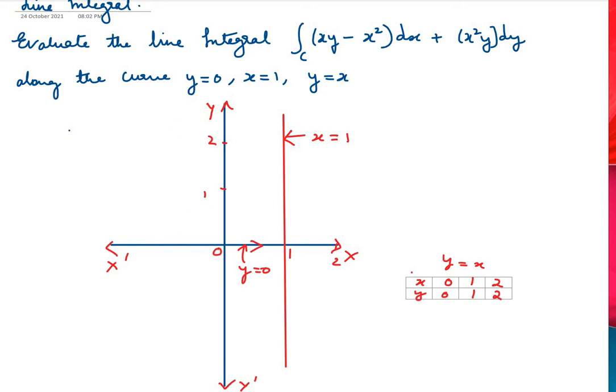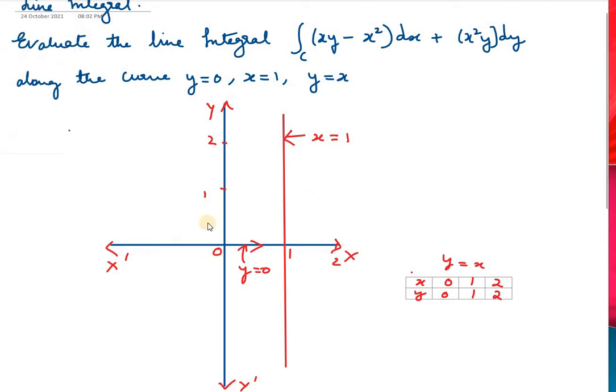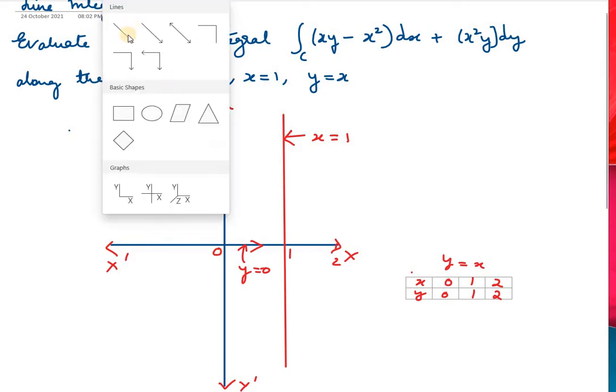y is also 1. Let me change the color of this. So here, if you plot this point, when x is equal to 0, the value of y is also 0. When x is equal to 1, that is this point, then y is equal to 1. So that means this graph will meet there.